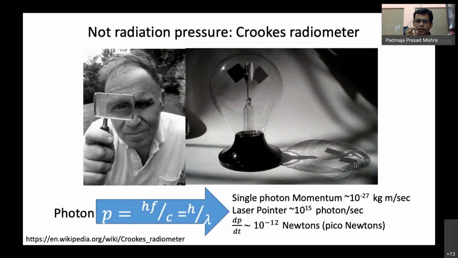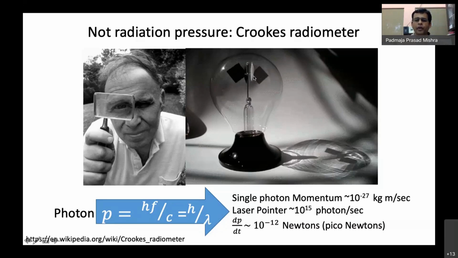This concept of light putting pressure on an object came to Professor Arthur Ashkin after visualizing the Crookes radiometer. What is a Crookes radiometer? In case any of you have seen one, it is almost like an old electrical bulb, which inside is almost vacuum, and there are 4 vanes kept on a rotating spindle.